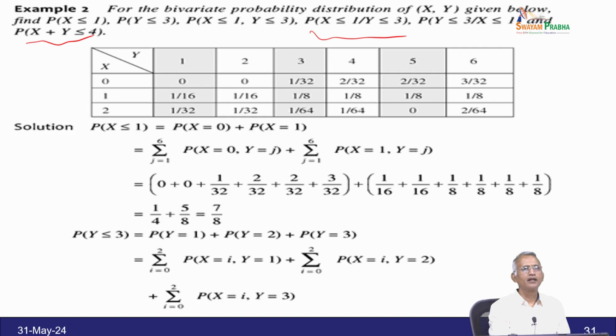So, we have x and y corresponding to 1, 2, 3, 4, 5, 6 and 0, 1, 2. The table values are also given, so there is no issue and we can directly solve the problem.